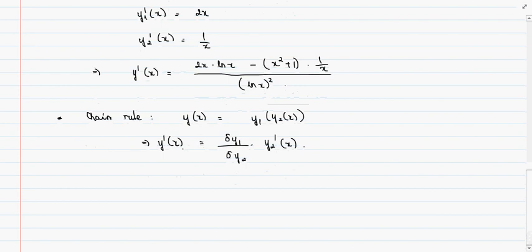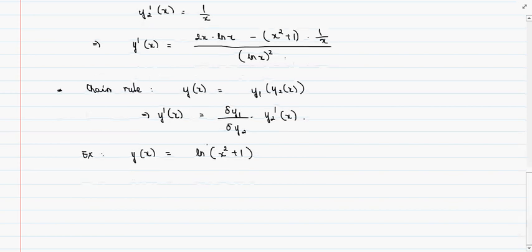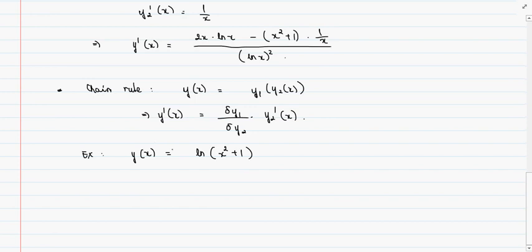So what does that mean? I'm going to go through a little example to make it clearer. For example, I have y as a function of x equal to log, which is a function, and inside, instead of just having log x, I have log of x squared plus 1. If I want to differentiate this with respect to x, how do I do it?